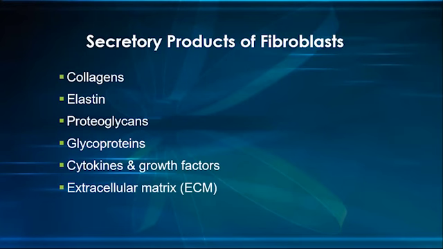And when you are asked about the components of ECM, the same are the components that you can write down. These are the components of the extracellular matrix that is secreted by the fibroblasts.